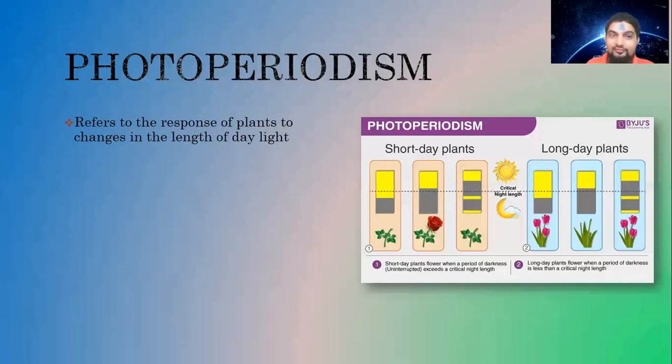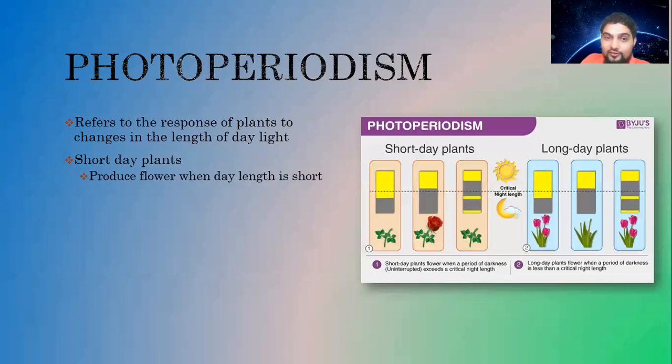Very simply, it refers to the response of plants to changes in the length of daylight. So depending on the length of the day, the plant behaves differently. So some plants, we call them short day plants. And these plants produce flowers when the day length is short.